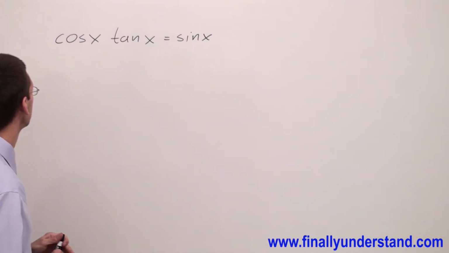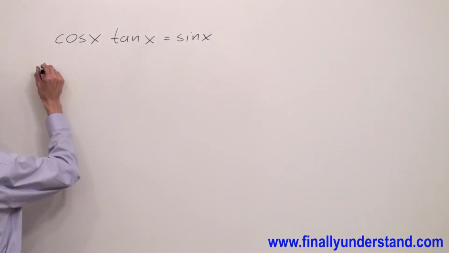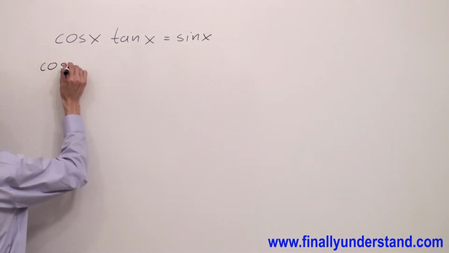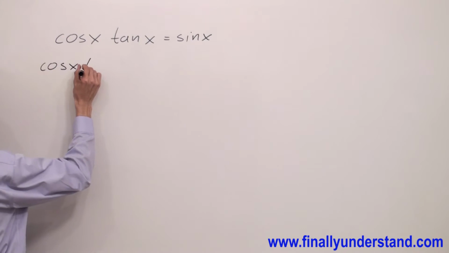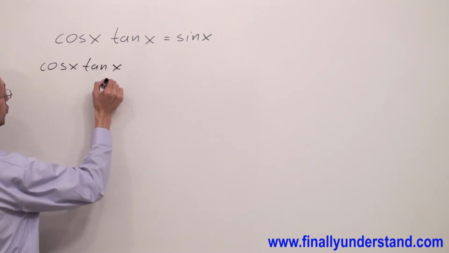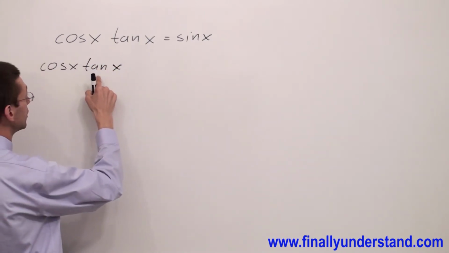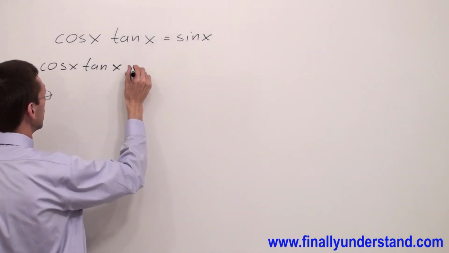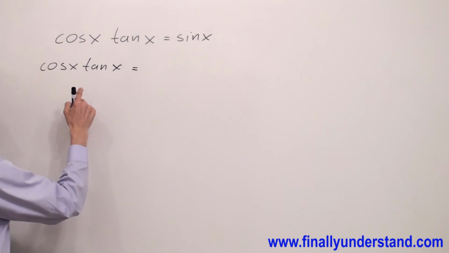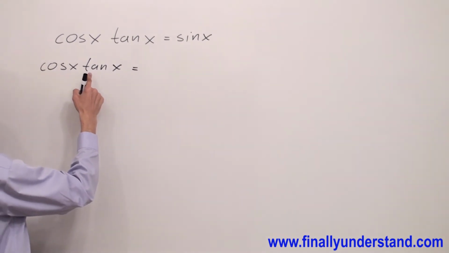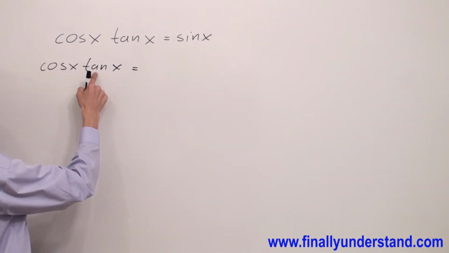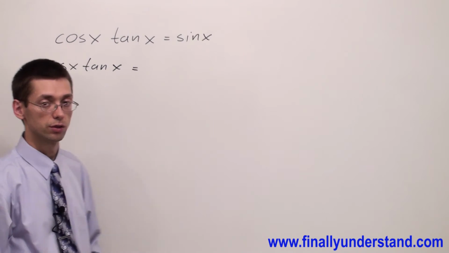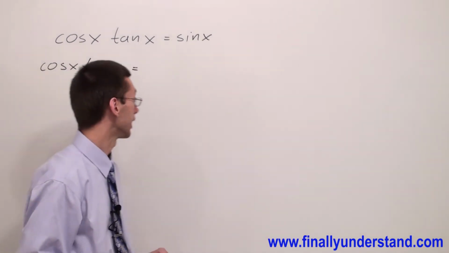So I'm going to copy this down, and I have cosine x tangent x, and we're supposed to prove that this is going to be equal to sine of x. Now, what I'm going to do first, I'm going to use the quotient relation and convert tangent x to sine x over cosine x.